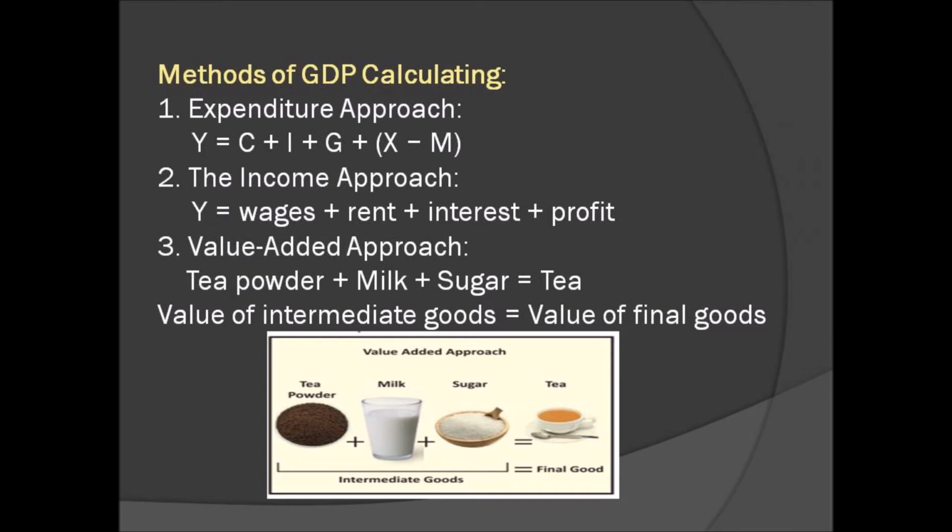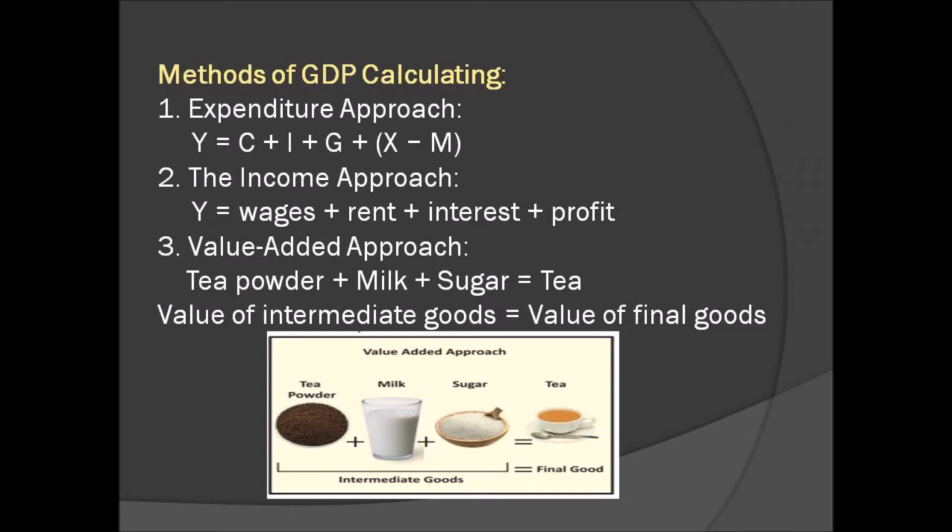In this expenditure approach, the GDP is measured by adding the amount spent on all the final goods and services which are produced in the country during a specified period. And the formula is, as we already know, GDP equal to consumption plus investment plus government expenditure plus the difference between the exports and the imports.